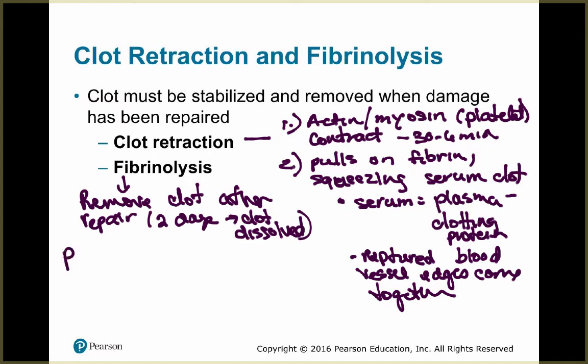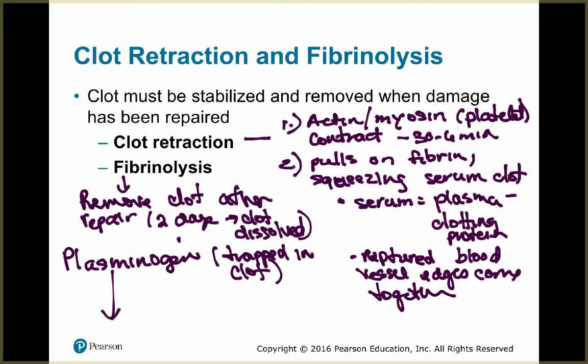And so basically we have this thing called plasminogen. And so this is trapped in the clot. And basically this guy gets changed or converted to plasmin. And this guy is a fibrin digestive protein.